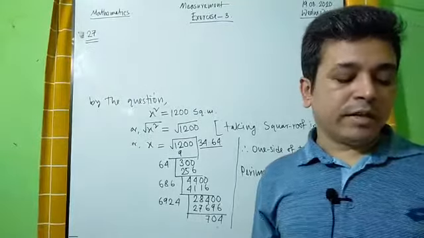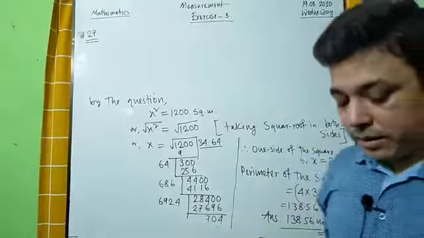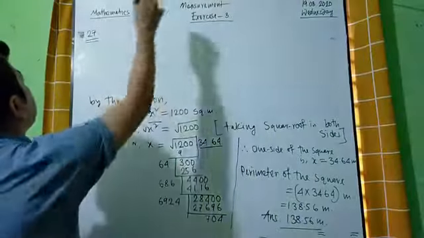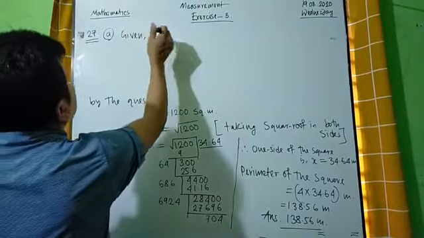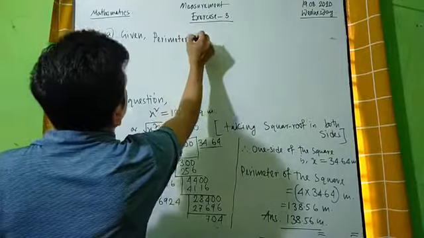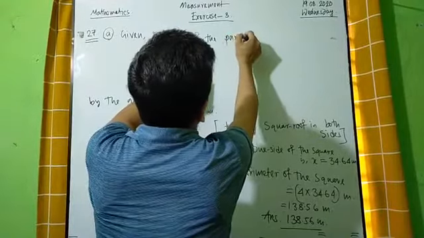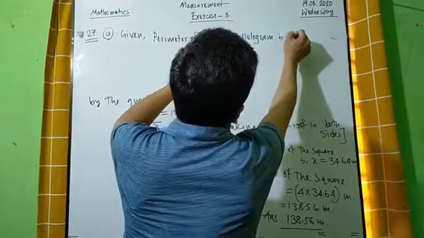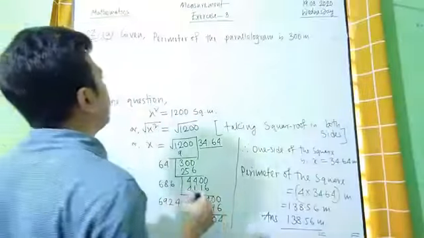So first we have to express the perimeter of the parallelogram in kilometer and centimeter. The perimeter of the parallelogram is 300 meter, and we have to convert this 300 meter into kilometer and centimeter. Given, perimeter of the parallelogram is 300 meter.